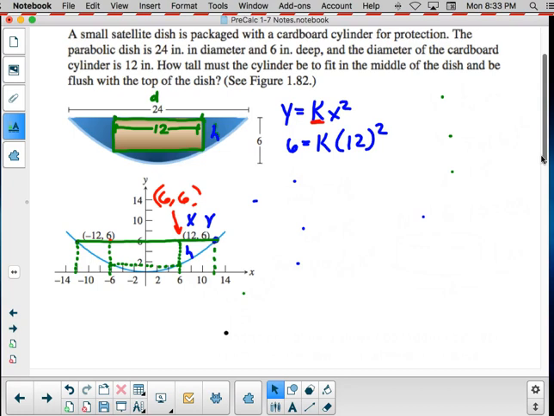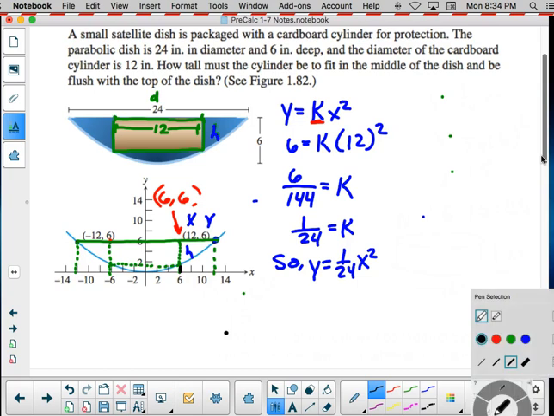So I'm looking at this and I pop these in. So I'm here and I solve for k. So I got 6 divided by 144. And I reduce that and I find 1/24 is k. So my parabola has a formula of y equals 1/24 x squared. Okay. Now, I know this formula. Why do I want to know this?